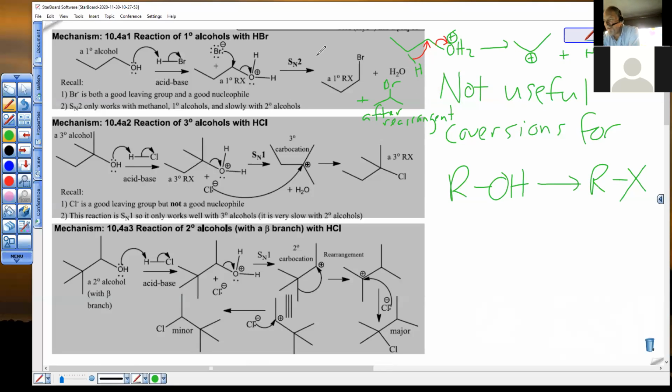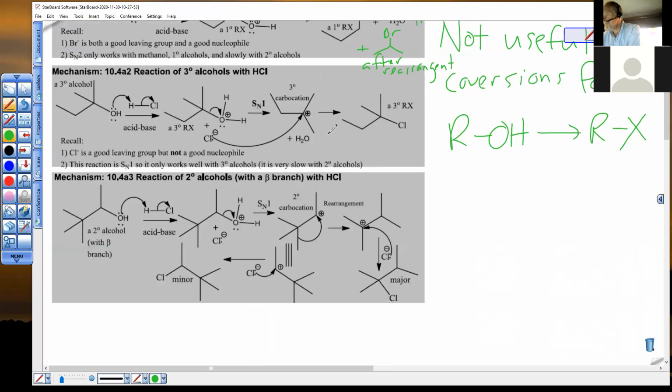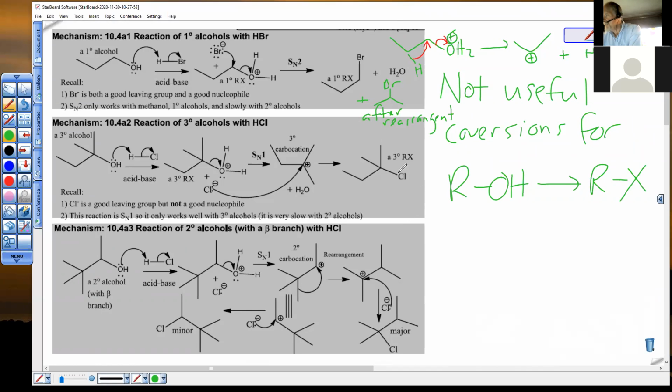I just want to point out everything on this page has limitations, and we got better reactions coming up on the next page. So put these in your journal, but don't put them as answers on tests for how to make alkyl halides. Okay, so there's good journal entries here. This one's very limited. Only works with tertiary alcohols to make alkyl chlorides. You can't make tertiary alkyl bromides this way. And you're saying, my God, I thought HBr was the same as HCl. Apparently it's not.